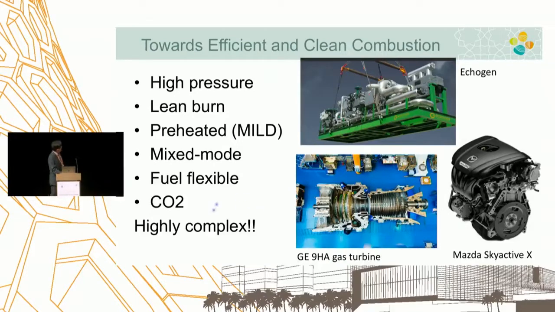And more recently, we are also paying a lot of attention to the new development of supercritical CO2 as a working medium in a power cycle, as exemplified in this EcoGen device.